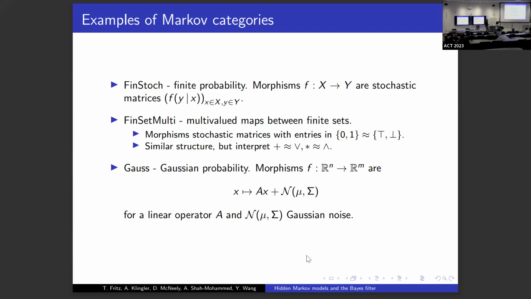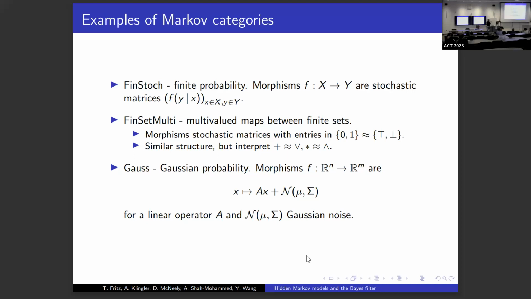But Markov categories can also take a very different flavor. We call this FinSetMulti, and the idea is that now we're just looking at multi-valued maps. So instead of a random function which spits out a probability of some value being the output of an input, you just keep track of whether it's possible or not. It's similar to relations of the previous talk.